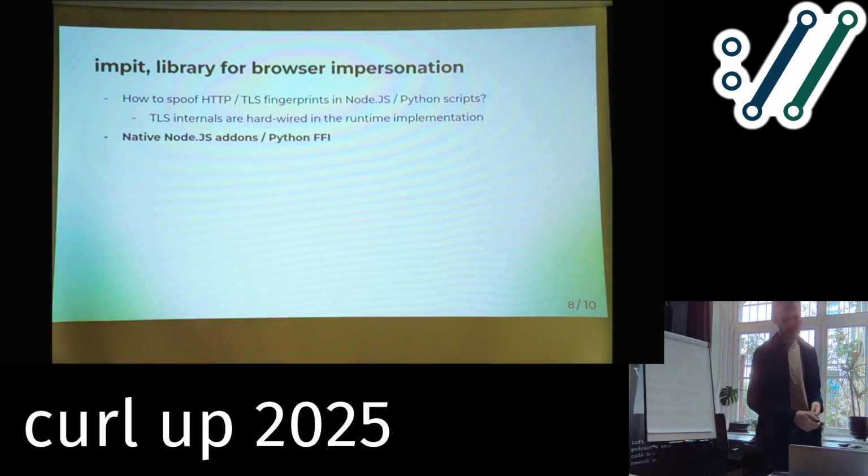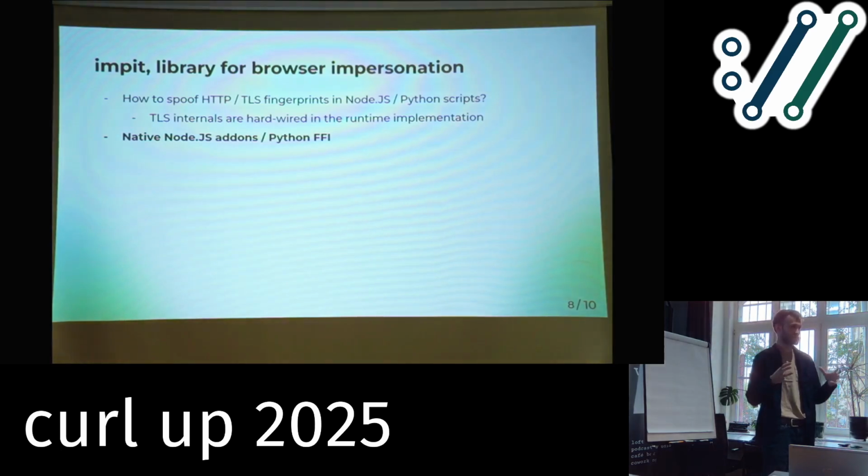And then we realized that both Node.js and Python allow users to create native add-ons, which is basically C code or some low-level code with an interface that allows you to call it from JavaScript or Python. Probably if you know Python, this is a more familiar thing for you guys with NumPy or Pandas.